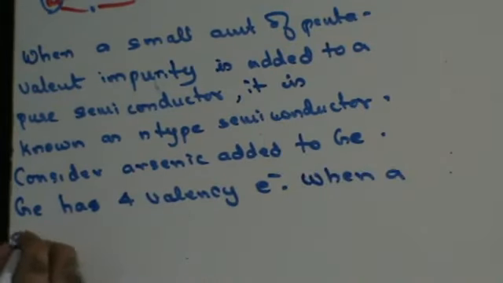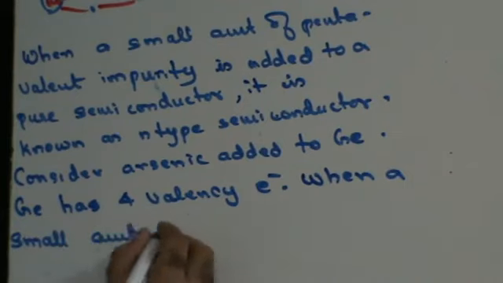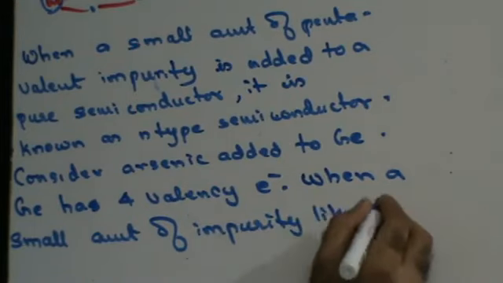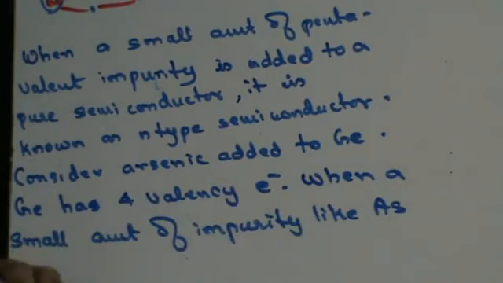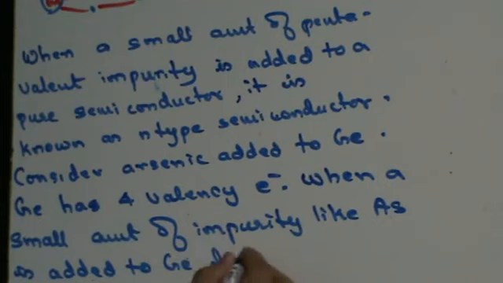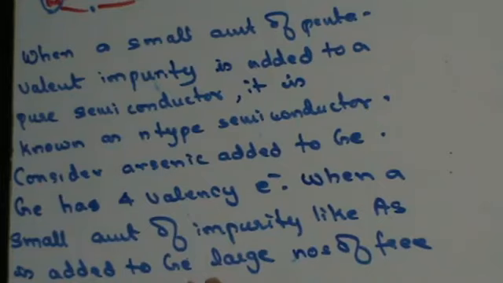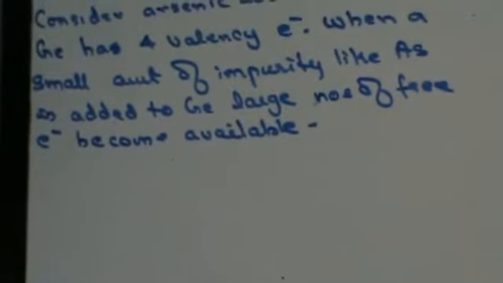When a small amount of impurity like arsenic is added to germanium, a large number of free electrons become available.